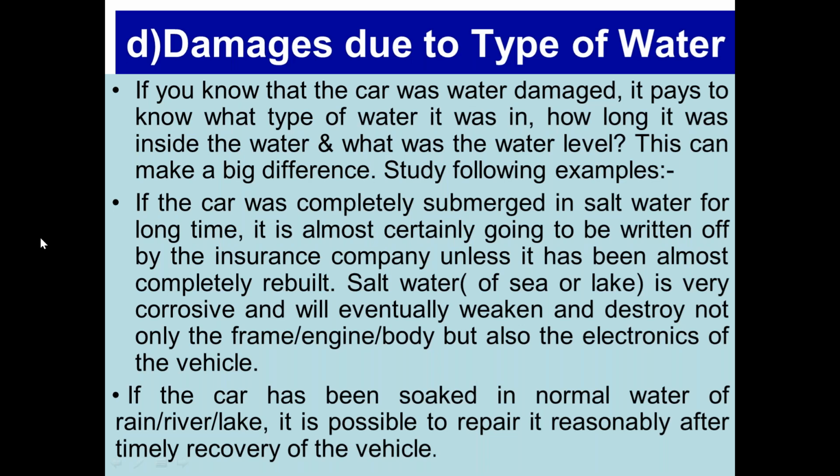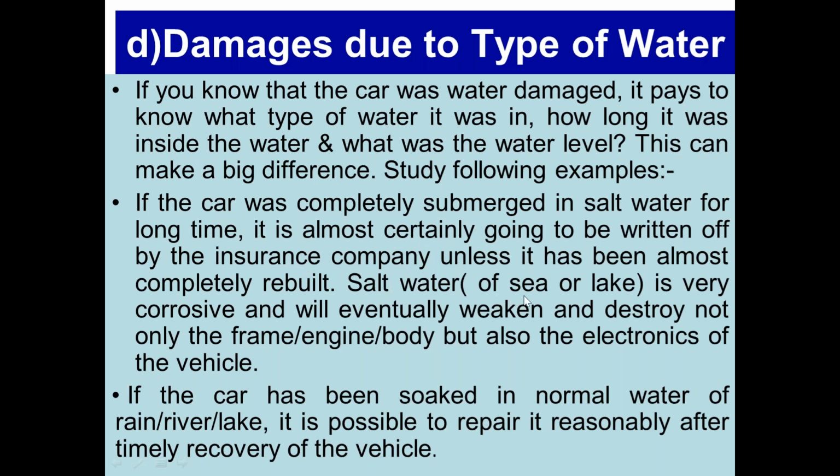Damages due to type of water. If you know that the car was water damaged, it pays to know what type of water it was in, how long it was inside the water, and what the water level was. This can make a big difference. Study the following examples. If the car was completely submerged in salt water for a long time, it is almost certainly going to be written off by the insurance company, unless it has been almost completely rebuilt.